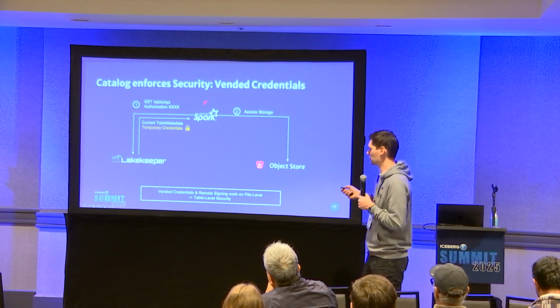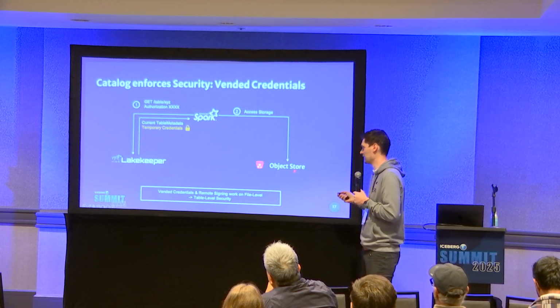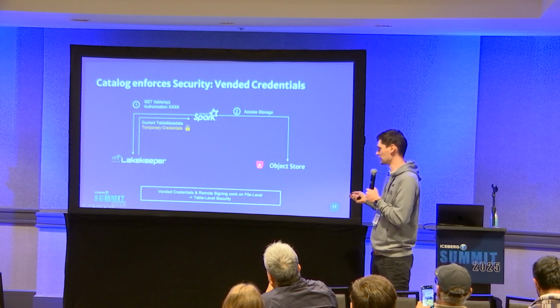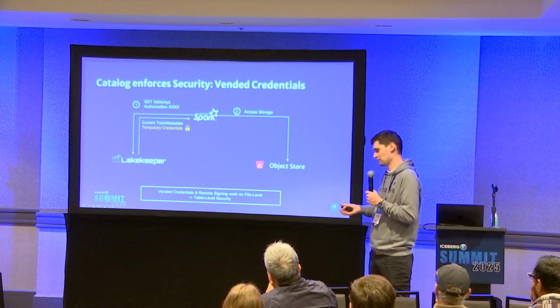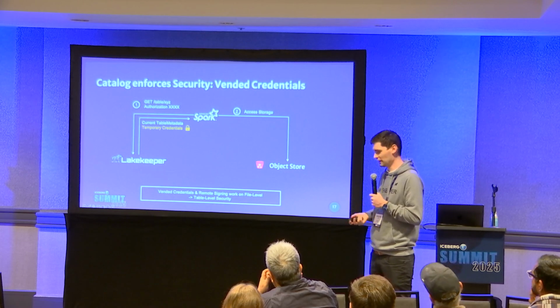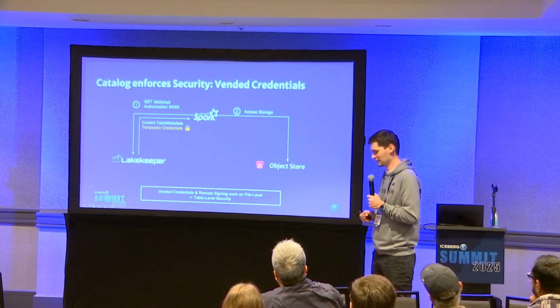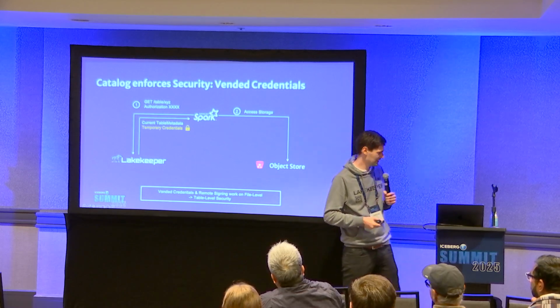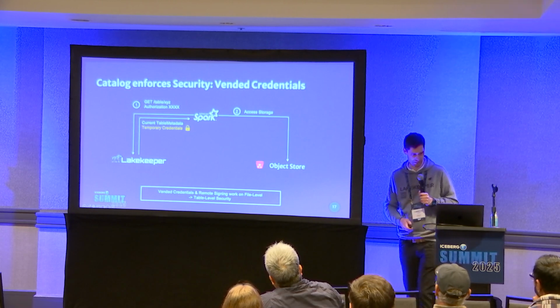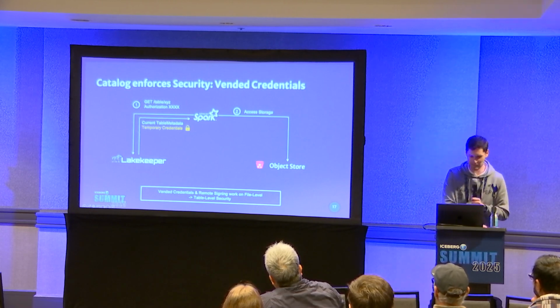It hands them back to the query engine, and then the query engine can go ahead and access the storage of this specific table. We also have remote signing as an alternative. The important bit there is it only works on file level, which currently means typically table level security. We can't get much more fine-grained than table level security as of now.